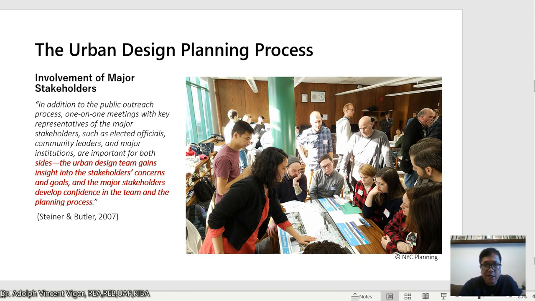The urban design team gains insight into the stakeholders' concerns and goals. The major stakeholders develop confidence in the team and the planning process. In developing the urban design plan, guys, it's important that you have the support of all the stakeholders so that during implementation, you won't have problems.